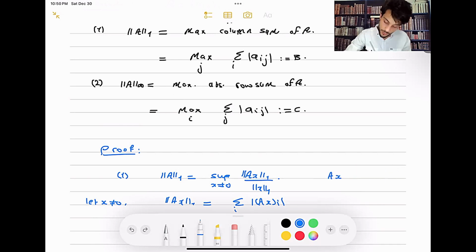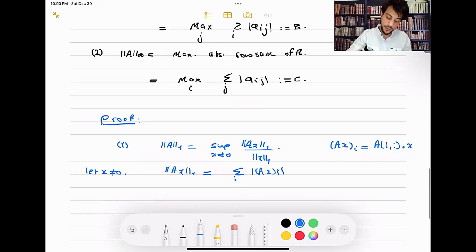So what I'm trying to say here is that the vector Ax is such that the ith entry of it is the ith row of A dot producted with x. So this is the definition, right?